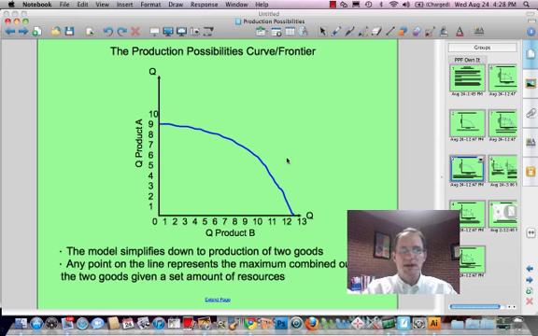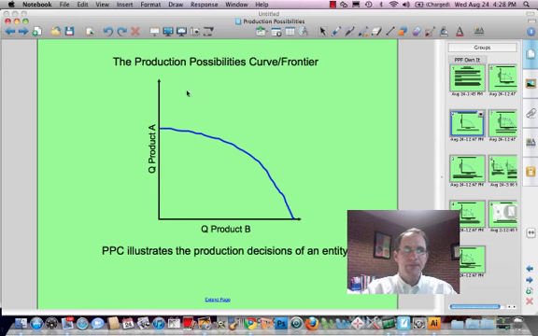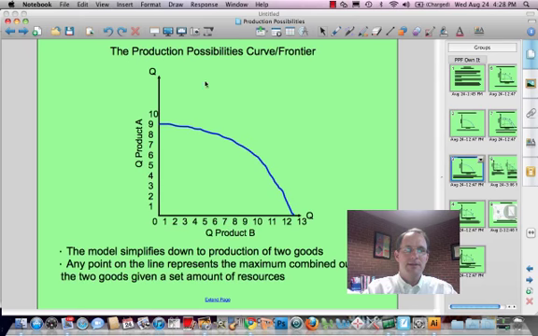First of all, you notice that unlike the prior slide, where I didn't have labels, in this slide I have labels. Again, just a reminder, you have to label them all the time. Keep in mind the production possibilities curve model reduces an economy down to two goods produced, in this case, either product A or product B. Any point along this line represents the maximum combined output of the two goods given a set amount of resources in an economy.